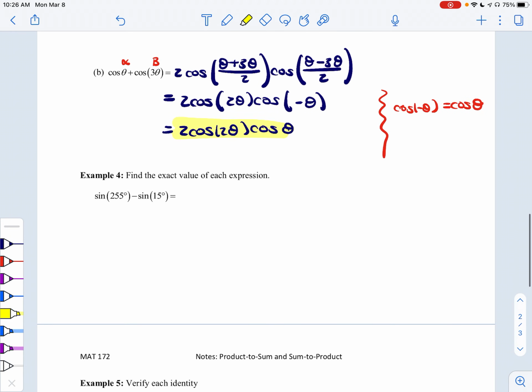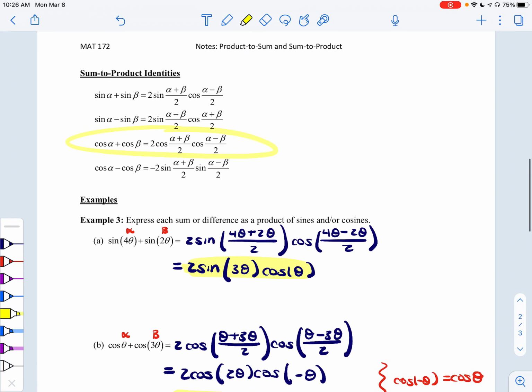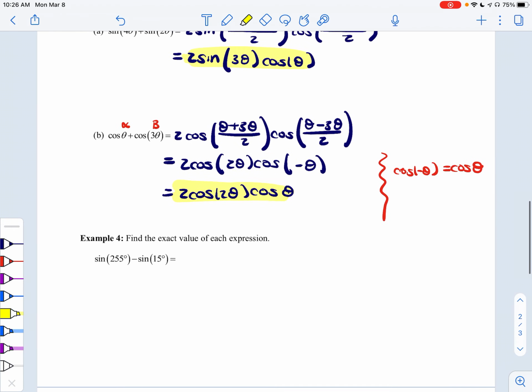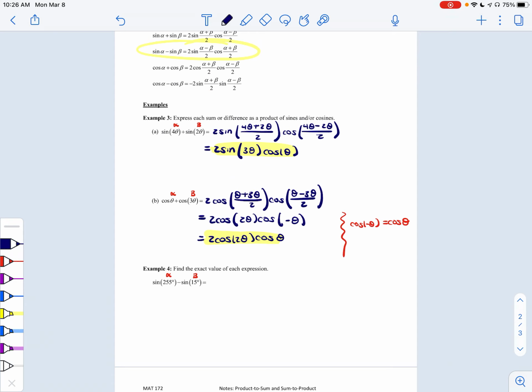All right, we can again use these to evaluate our trig functions. So in this case, we're looking at sine of 255 degrees minus the sine of 15 degrees. So sine minus sine. We are going to be using the second formula, sine of alpha minus sine of beta. So I'm going to label my angles as alpha and beta, and then we can plug them into our identity.